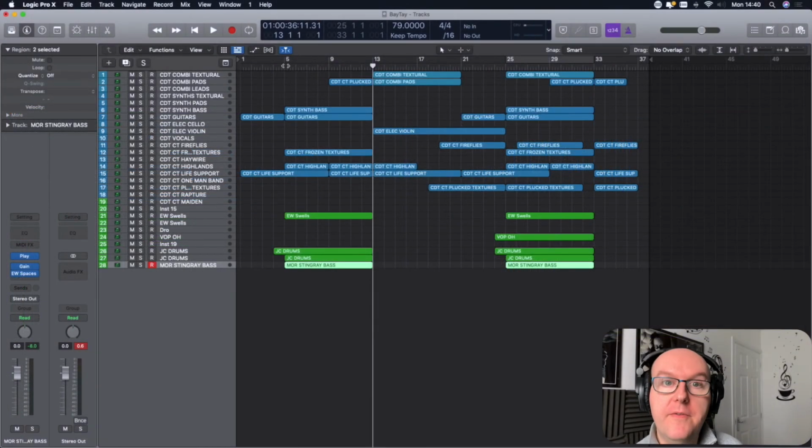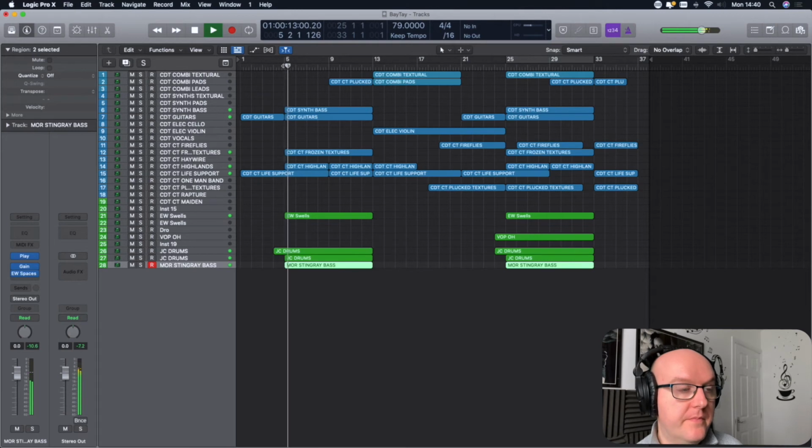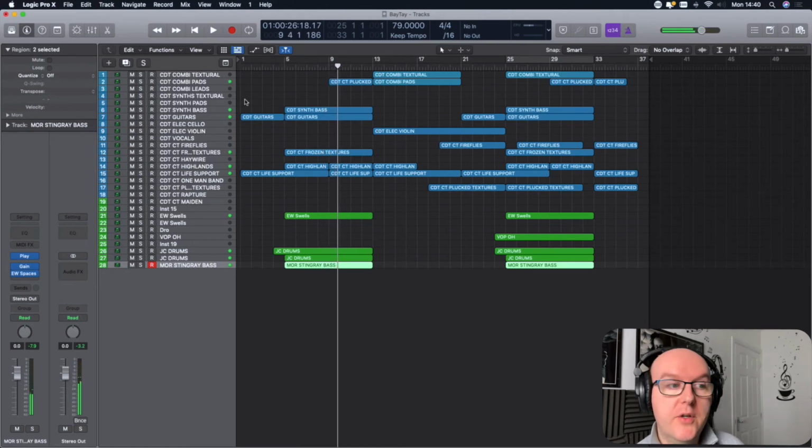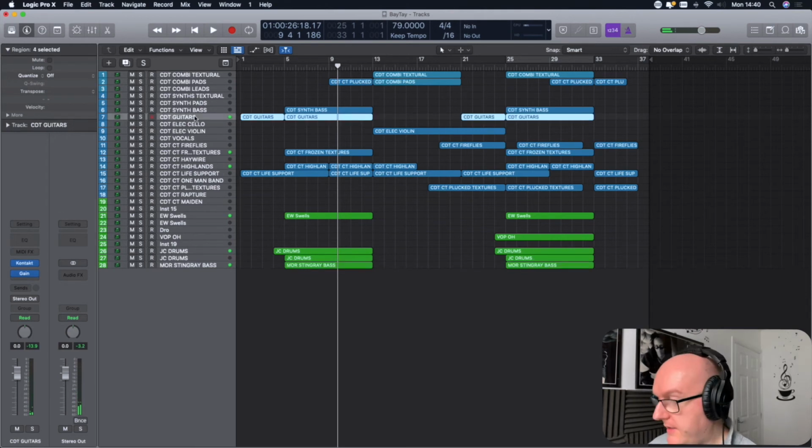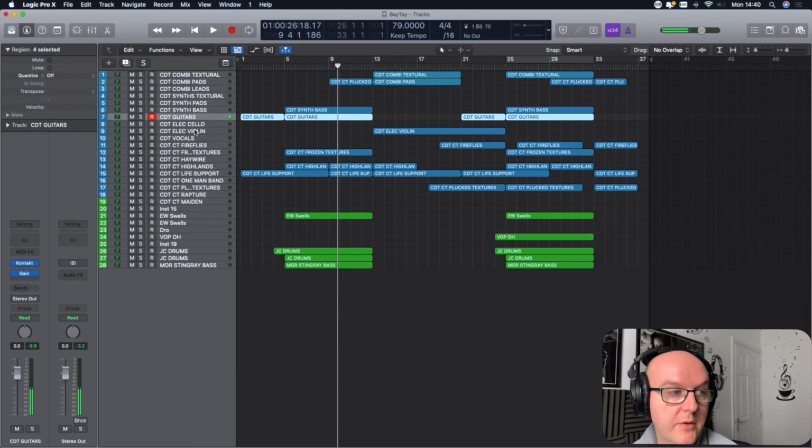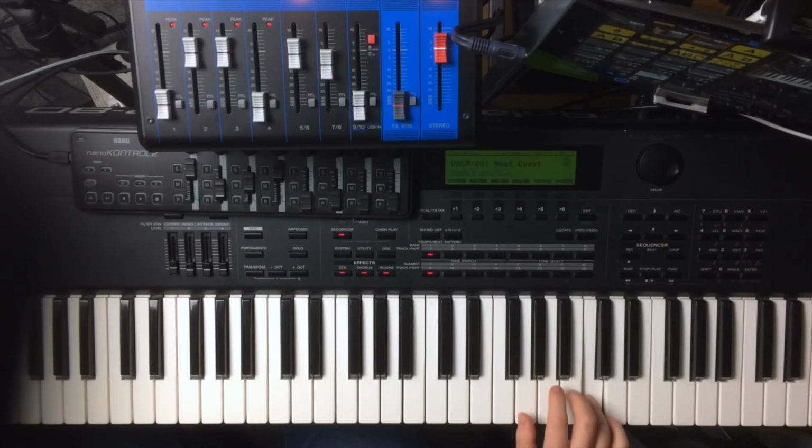So let's have a look at this first section here. So you see how the velocity of the guitars just suddenly get to... And also the frozen textures.